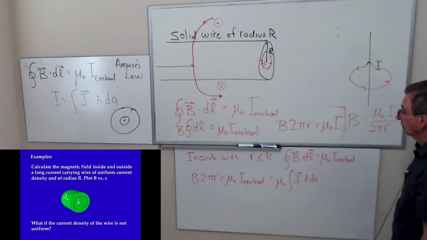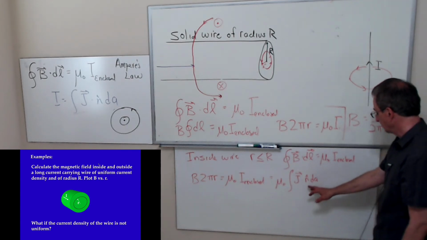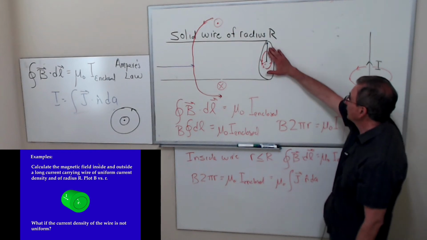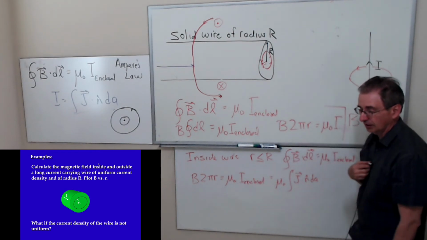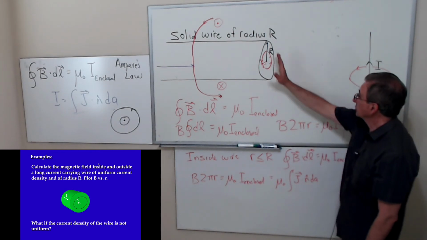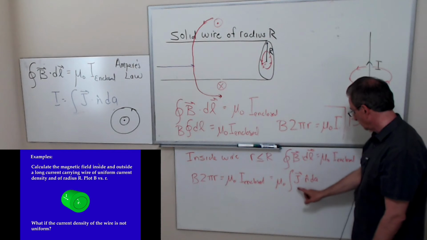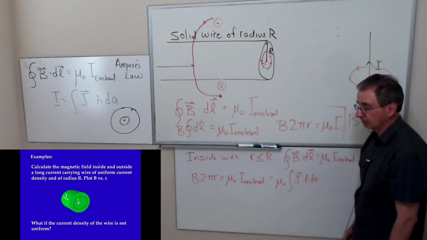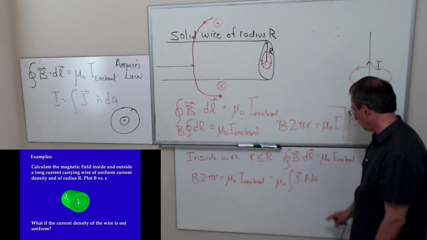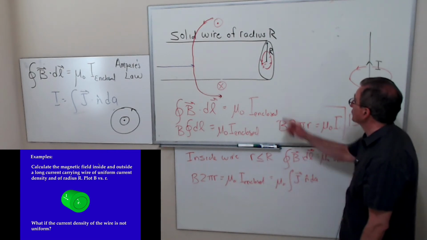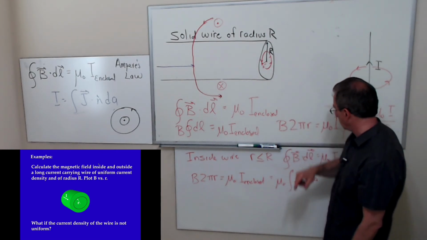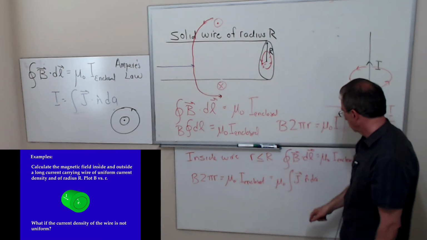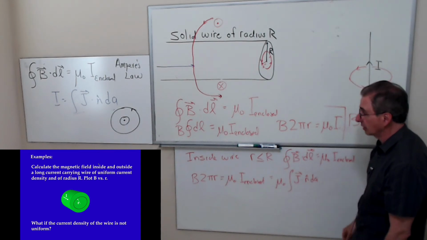Now what's j? Well, j points to the right, and I'm going to choose my surface to be flat. So I'm going to choose the planar surface, and I'm going to choose n in the same direction as j. n is chosen by the direction I'm integrating, by the way. So it's that way, so that these two are parallel to each other.